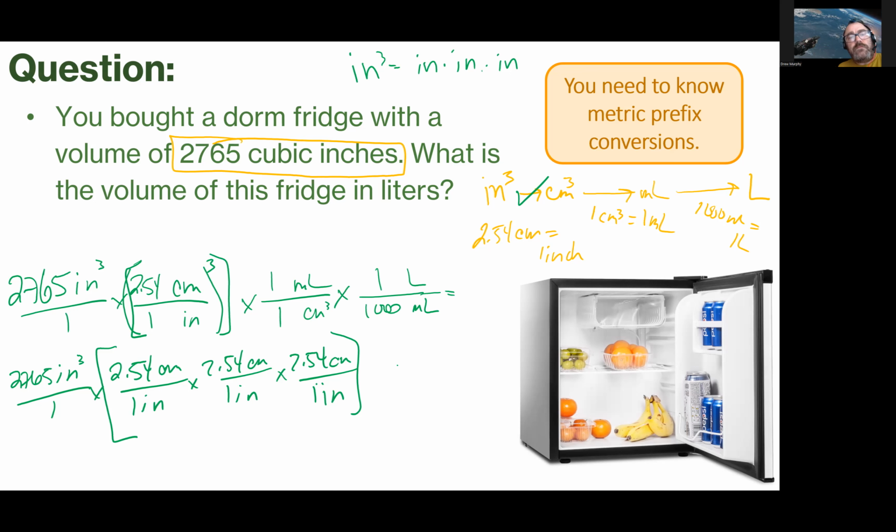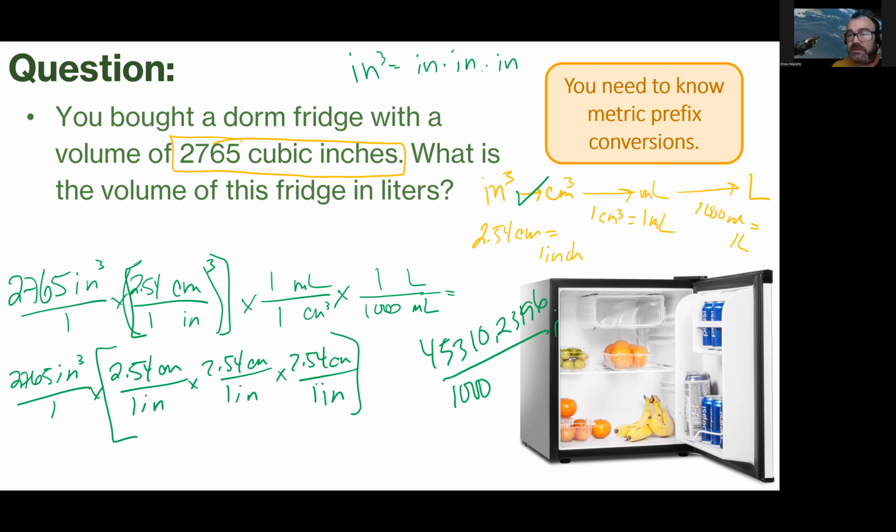Now, the best way through this is multiply the top, multiply the bottom, and then divide the 2 answers. So 2,765 times 2.54 times 2.54 times 2.54, because that to me is faster than figuring out how to do a cube on here. All right, so this is 45310.23196, and all that's over 1,000.